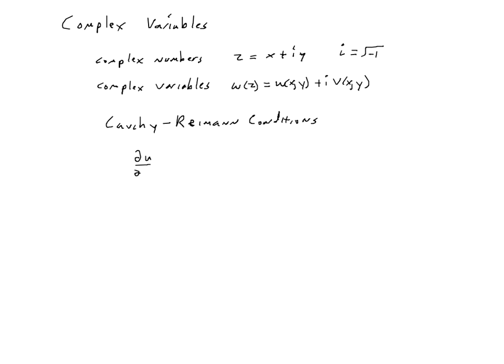And the Cauchy-Riemann conditions are partial u partial x is equal to partial v partial y, and partial u partial y is equal to minus partial v partial x. And so if you satisfy these conditions, then you have a derivative that exists, and you say you have an analytic function. So you need to be able to apply these as a test to any complex variable to see if it happens to be analytic or not.